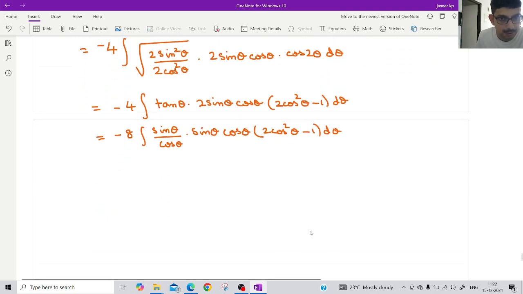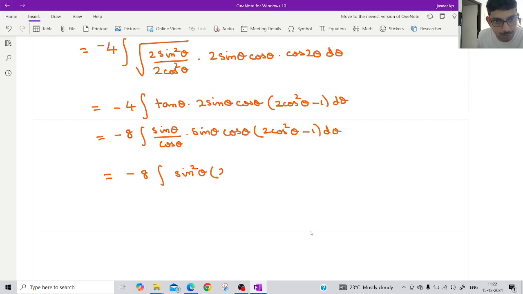So cancelling cos theta and simplifying, we will be getting sin square theta into 2 cos square theta minus 1 d theta.